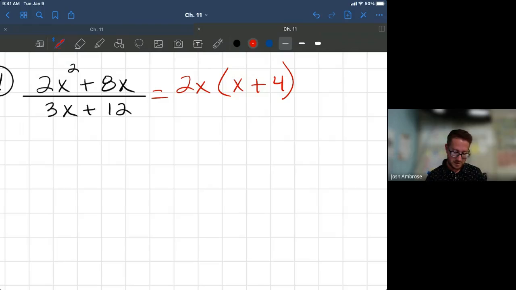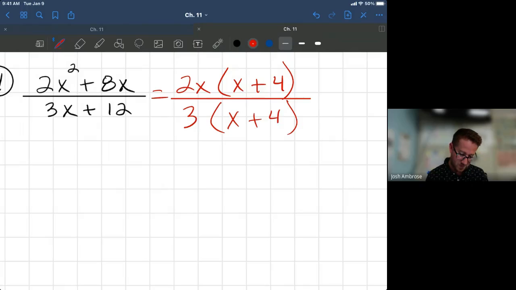Let's simplify the denominator. Okay? So simplifying the denominator, I see that they both share a 3. Look at what they share. Every one of these problems, if there's something you can factor out, do that first. They both share a 3. Take a 3 out. Rewrite what you have left over. X plus 4. You should see something special here. X plus 4 on top, x plus 4 on the bottom.